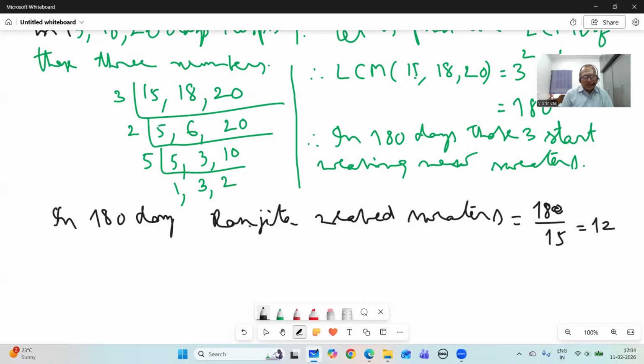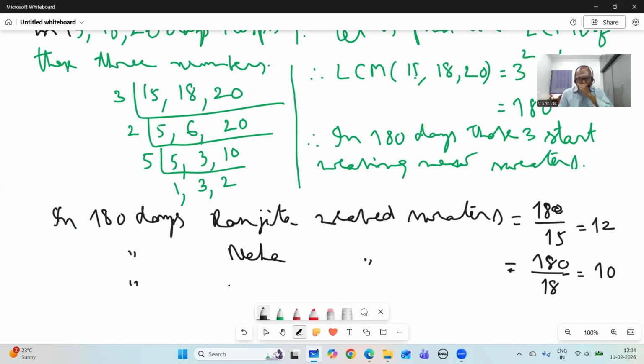These many sweaters she weaves in 180 days. And similarly, Neha weaves how many sweaters in 180 days? Yeah, for one sweater she takes 18. In 180 days she weaves how many sweaters? This by this, that is 10 sweaters.